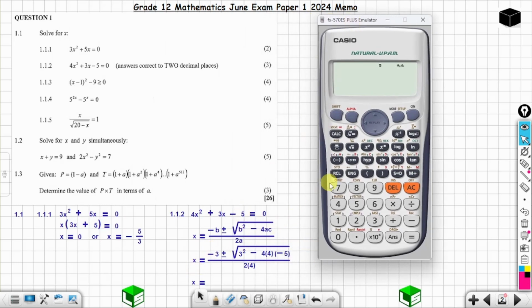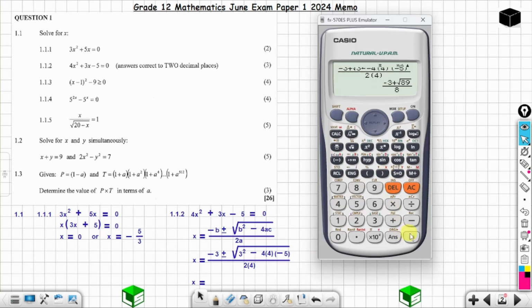So x is equal to negative 3 plus or minus. Let's use plus and then we are going to use minus after. Plus square root of 3 squared minus 4 times 4 times negative 5, over 2 times 4.